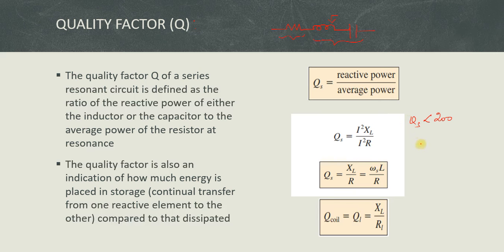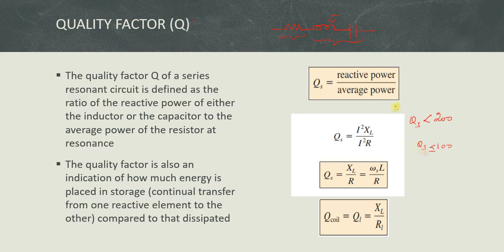But in practical cases there are limitations, because each and every coil has some inbuilt resistance, so power dissipation exists and the quality factor is somewhat reduced. In practical cases the quality factor of the series resonance circuit is around 100.